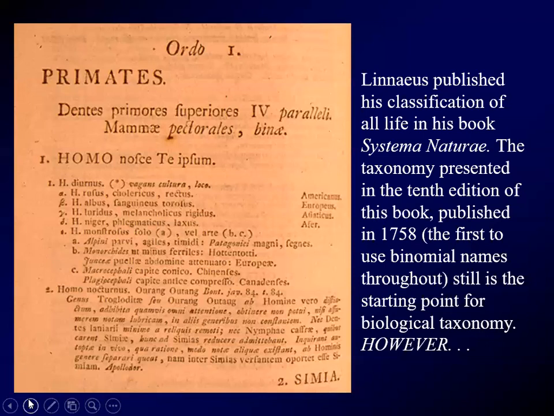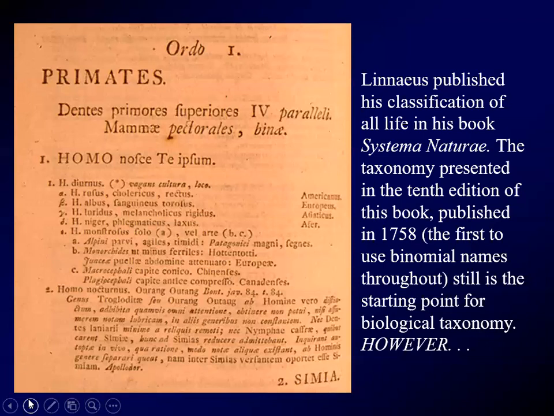And the 10th edition of his book in 1758 was the first to use binomial names throughout. That's the starting point for biological taxonomy. Any Latin names that were published before the 10th edition of Systema Naturae are not used. And a number of his Latin names are still in use today.